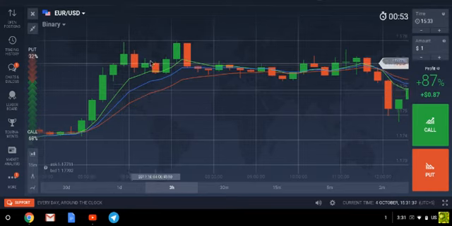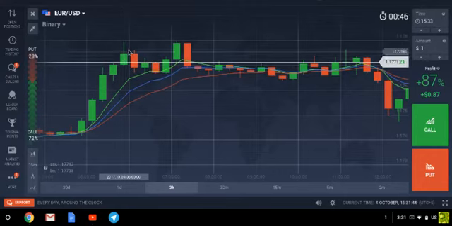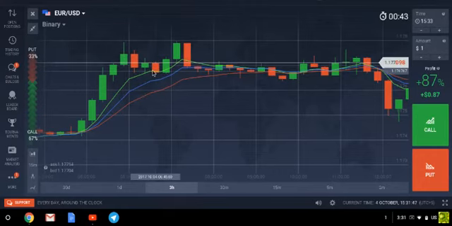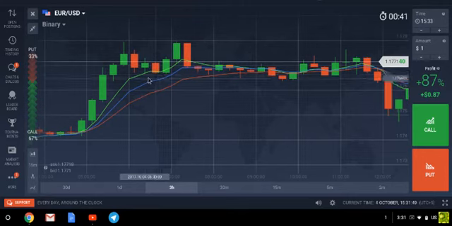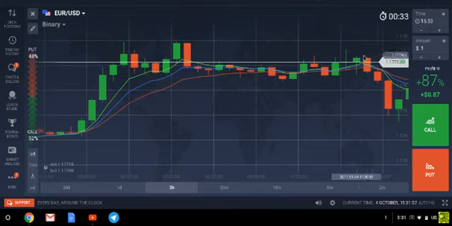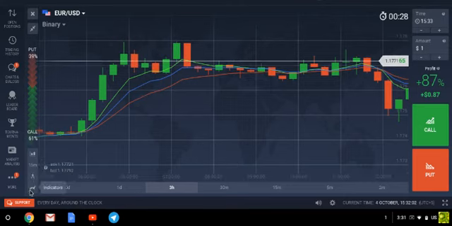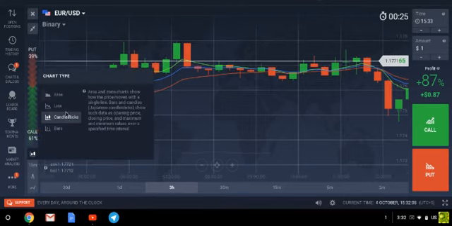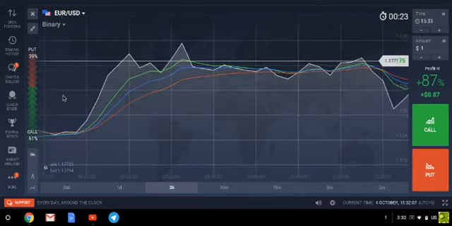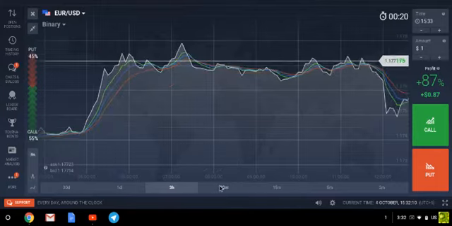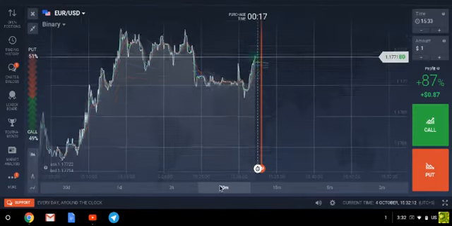These moving averages have to act as a support point because it's an upward trend, so any point can be a reversal. You can see from here it has come to this point to test, and it again goes up. This is a choppy market, so do not trade here.